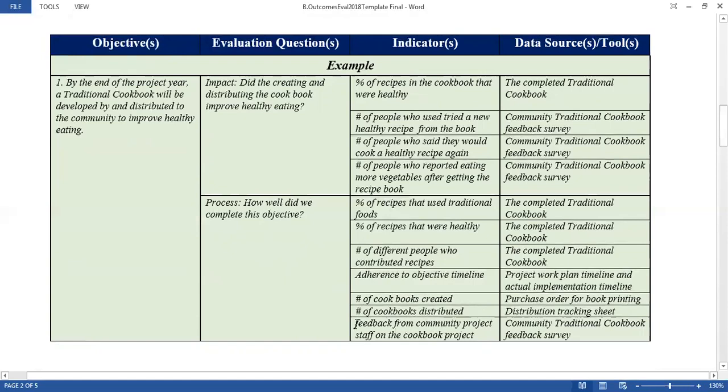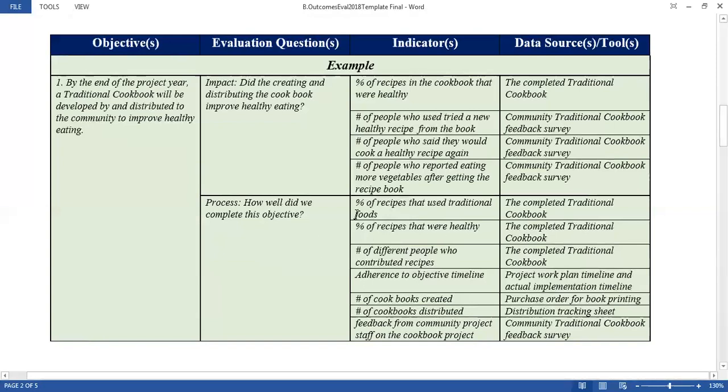And then feedback from the community and project staff on the cookbook. So maybe you want to ask the project staff who were working on this cookbook, how well did that go? If you were to go back and do this cookbook again, would we do anything different? Would we do anything the same? And really just get feedback on how that process went, kind of a debrief.